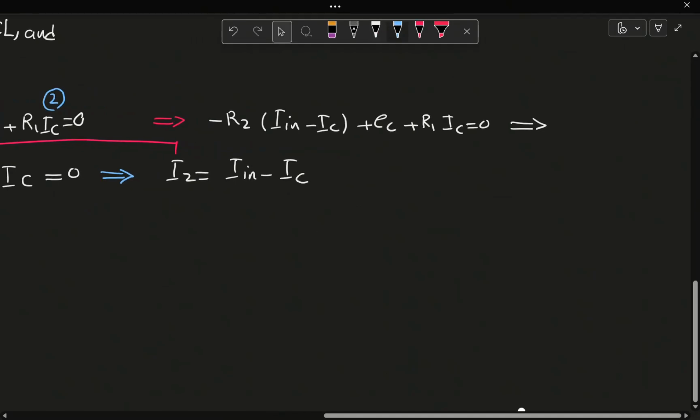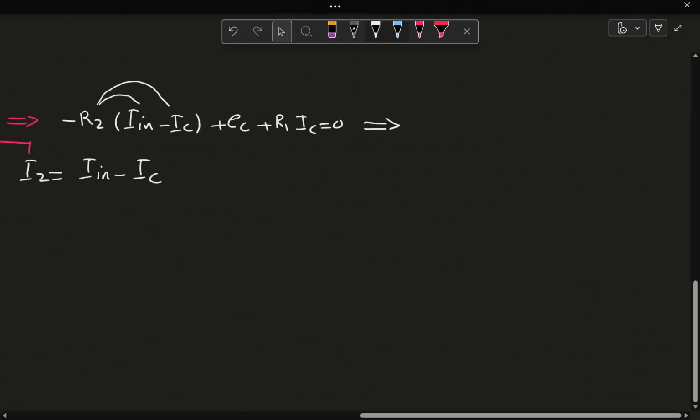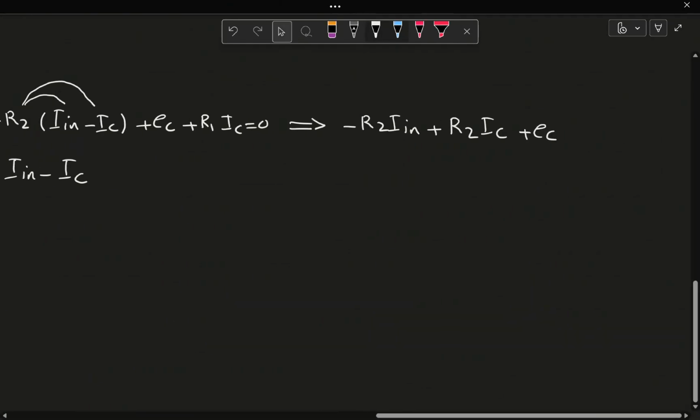First I'm going to distribute this R2, then gather the terms with IC together and solve. So it's negative R2 IN, negative by negative would be positive, plus R2 IC plus EC plus R1 IC equals 0. Do you agree that you can factor out IC?